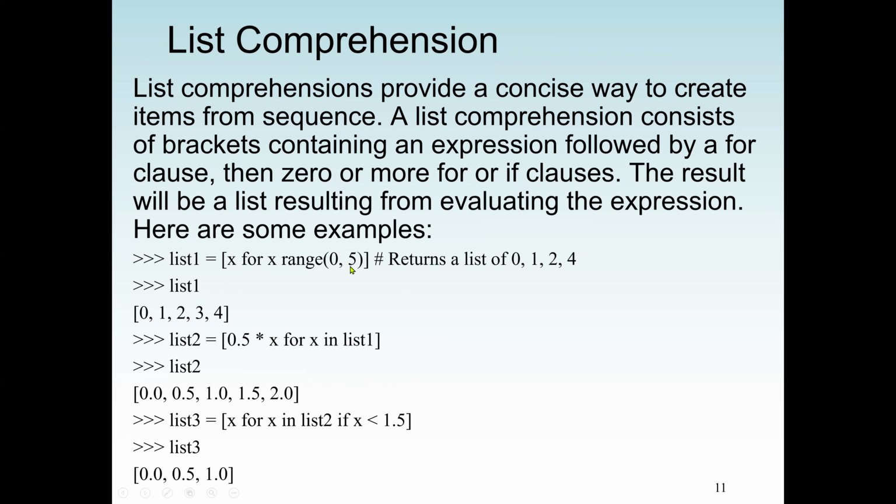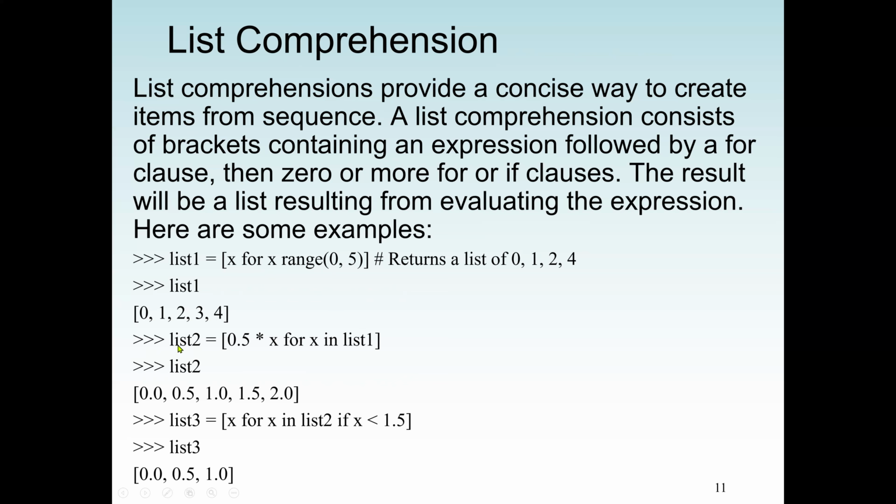The range 0 to 5 will give us 0, 1, 2, 3, 4. So now, if we want to know the items in the list, we write list 1, it gives us 0, 1, 2, 3, 4. Because here we say x for x in range 0 to 5. So it will go 0, 1, 2, 3, 4.